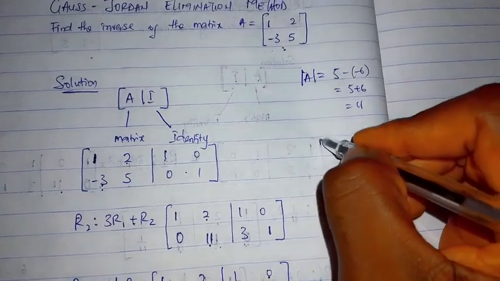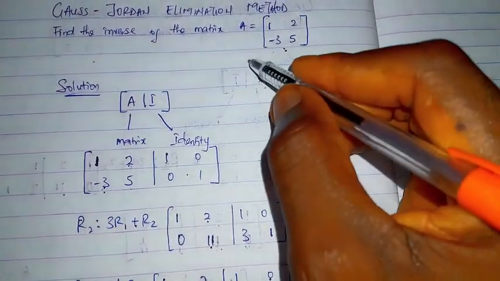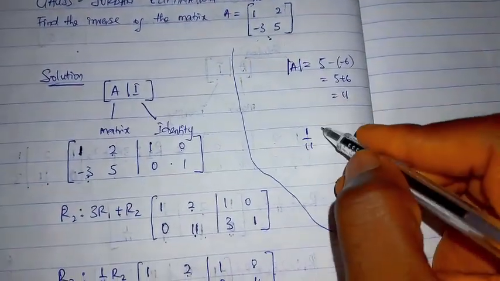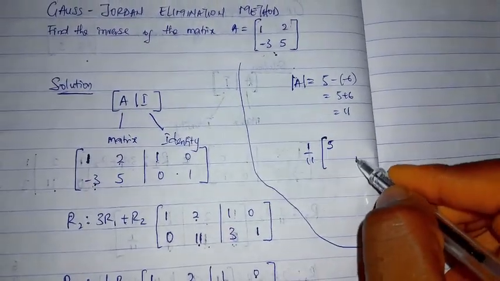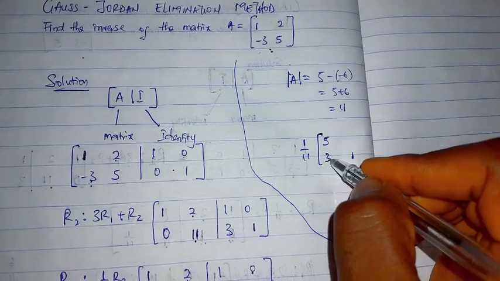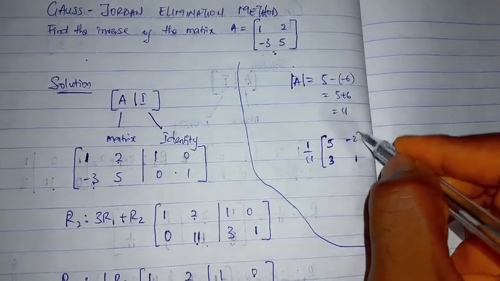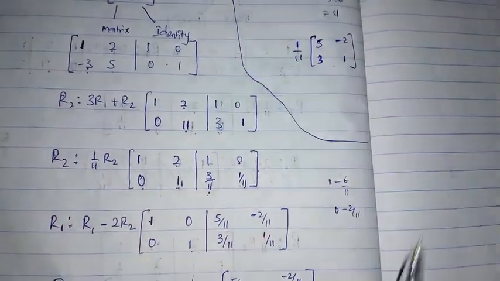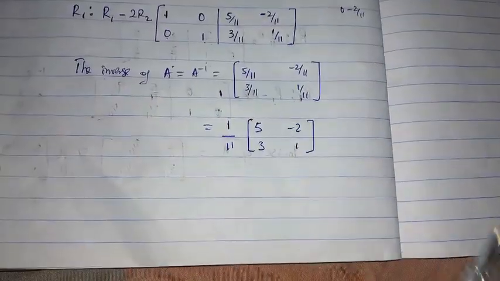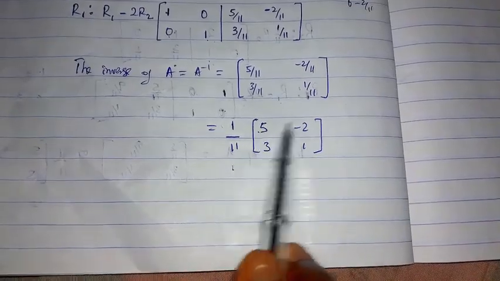So that becomes 1 over 11 times, you switch the diagonal entries, that's 5, 1, and you change the sign of the others, that's 3 and minus 2. So let's confirm our answer is correct: 1 over 11 times 5, minus 2, 3, 1.